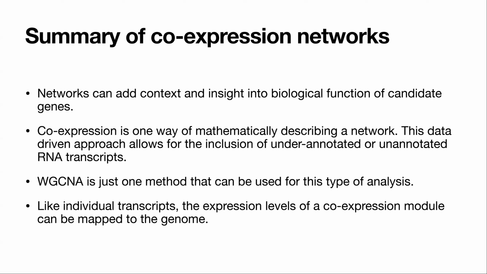We talked about WGCNA very briefly just because it's a popular method. It's a little bit easier to grasp and understand. And just like eQTLs, we can map our module eigengenes, that summary of those modules, across the genome.